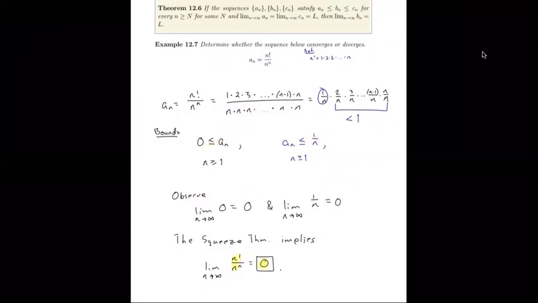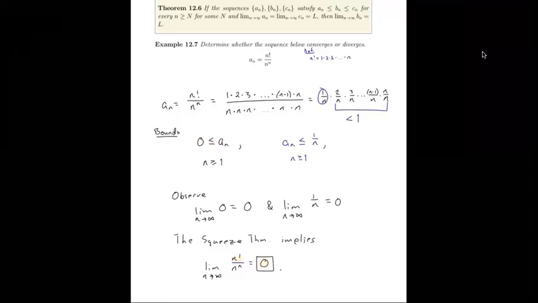This term is in between each of those other two sequences. Both of those sequences approach 0 as n goes to infinity. Now, what does this mean? Which one's faster, n factorial or n to the n? Well, if n factorial was the faster one, it would take over and drive this to something larger than 0, and it should drive it off to infinity.